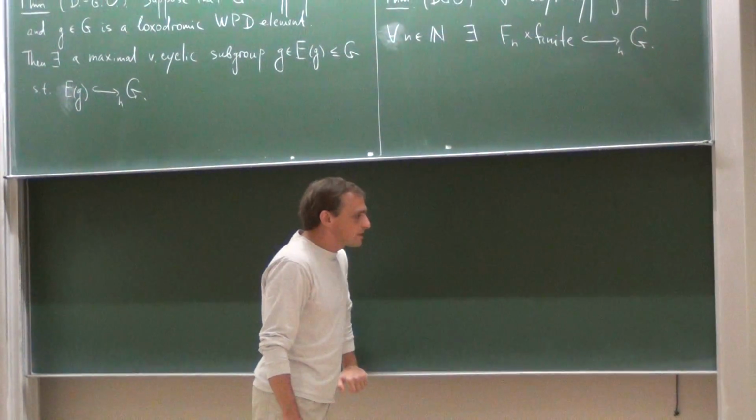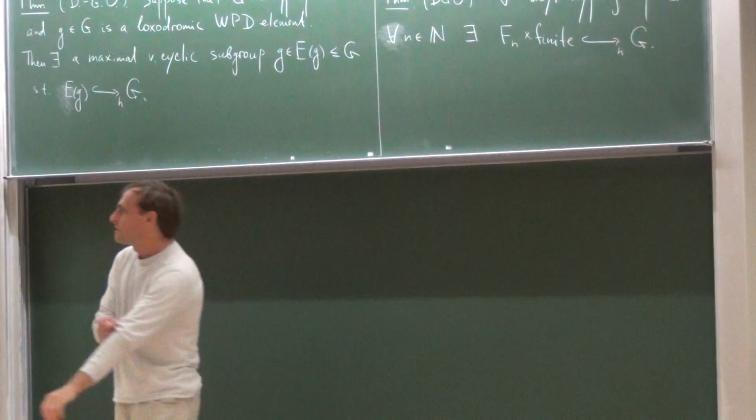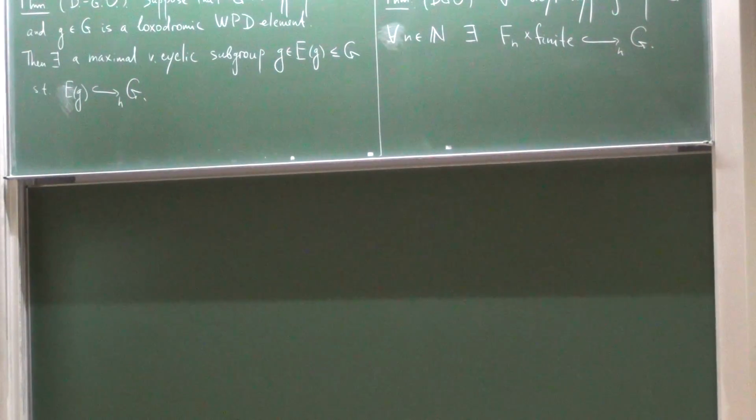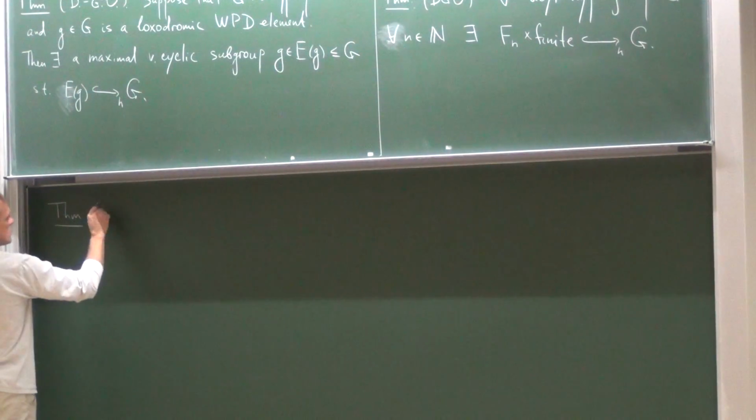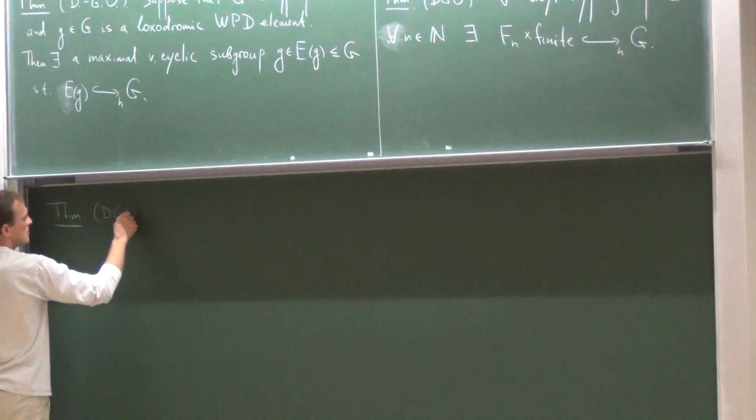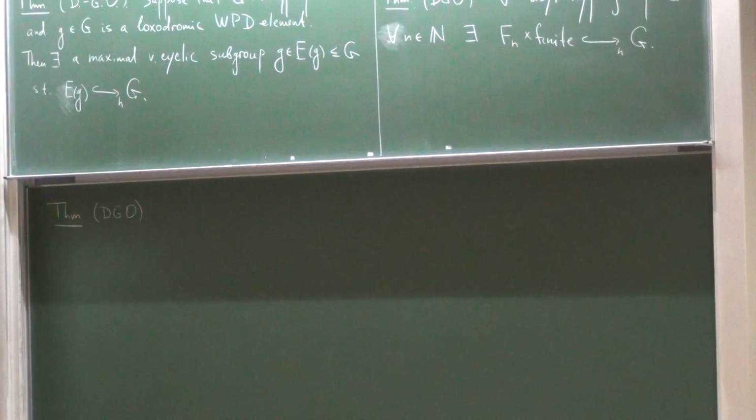And now I want to state the group theoretic analog of the Thurston theorem. So again, it was proved in my paper with Francois and Sun.